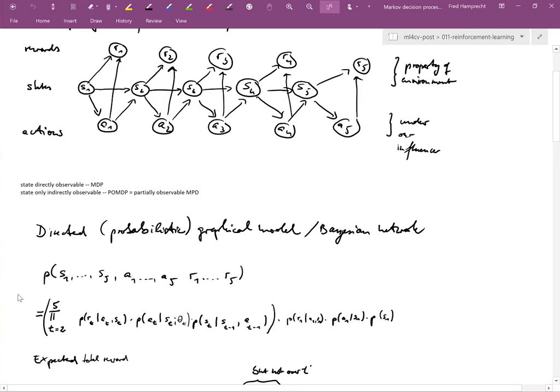So the expression here in this second line of the equation looks much more complicated than the joint probability in the first line, but the argument is just like when we discussed the undirected probabilistic graphical models: when these random variables are discrete, then these conditional probability tables taken together are much smaller than the huge table we would need to specify the full joint distribution. Okay, so this is why they're used in the first place.